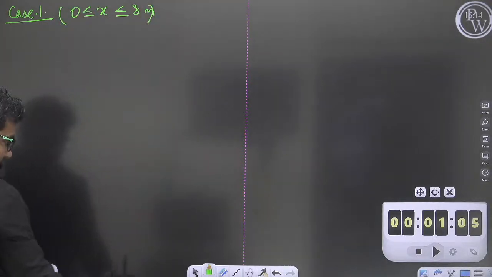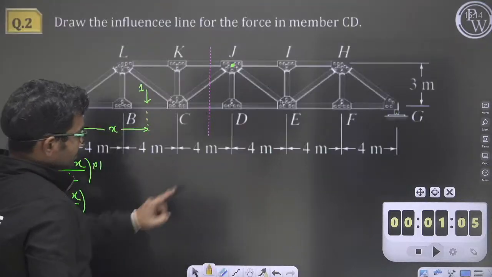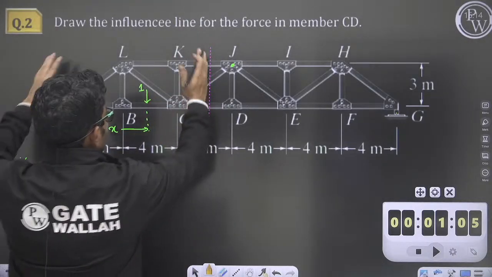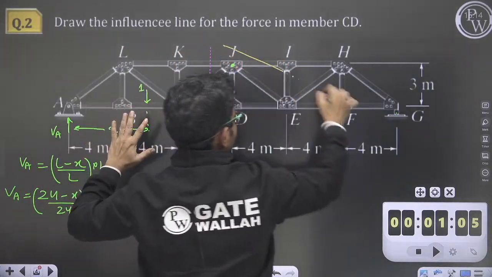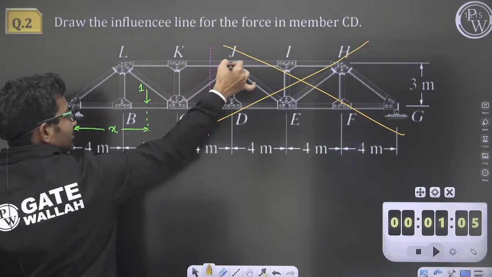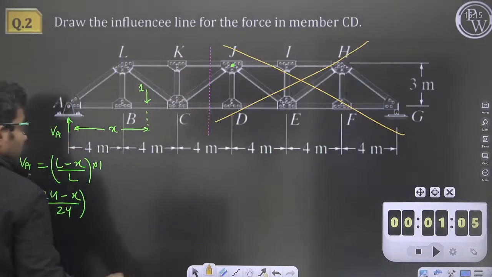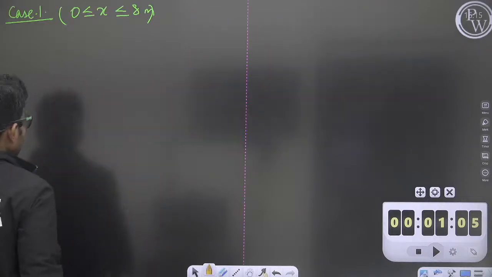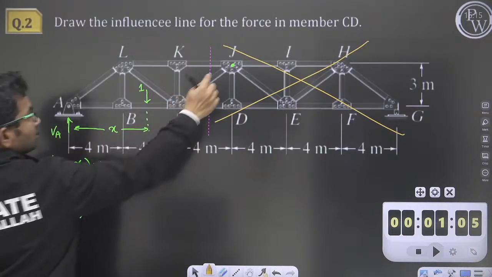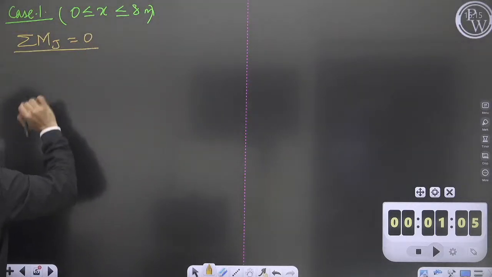To calculate the force in member CD, I will take summation of moment about J equal to 0 for this portion. I will forget about the other portion now. I have cut this section, and I'll take this part only. So summation of moment about joint J is equal to 0. Summation MJ is equal to 0.